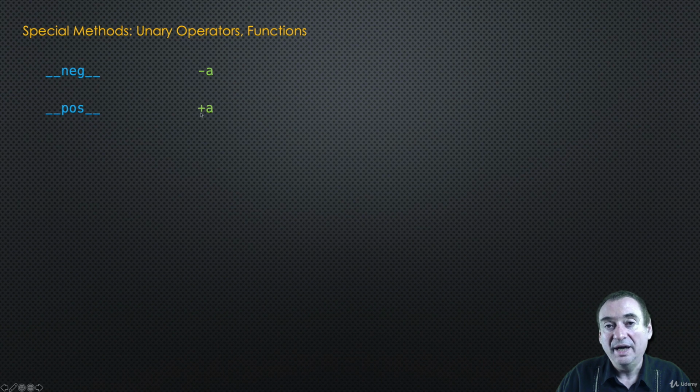Plus a is actually an operator too, and it can actually do something with your class if you wanted to. And then we have the absolute method, the dunder abs method. That's used by the abs function that's built into Python. So again, we can actually implement functionality so that our classes, our objects, can support the abs function if we want to.